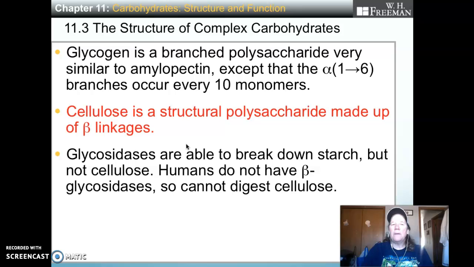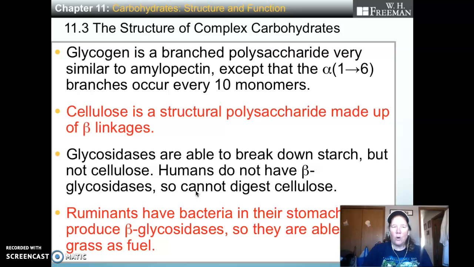Okay, so we can break down starch. We have enzymes; the ending -ase means it's an enzyme, whereas if it was -ose, it would be a carbohydrate. So we have enzymes called glycosidases. They're able to break down starch, but we don't have the beta ones, so we can't break down cellulose. We don't digest it at all. But again, we need it to keep our colon, our large intestine, cleaned out.